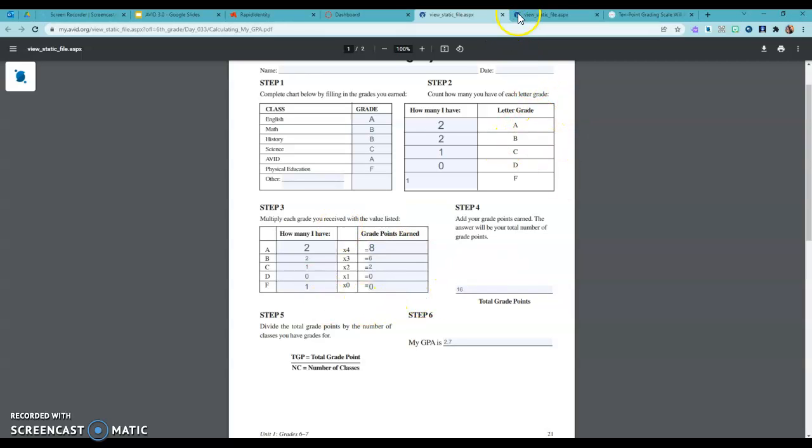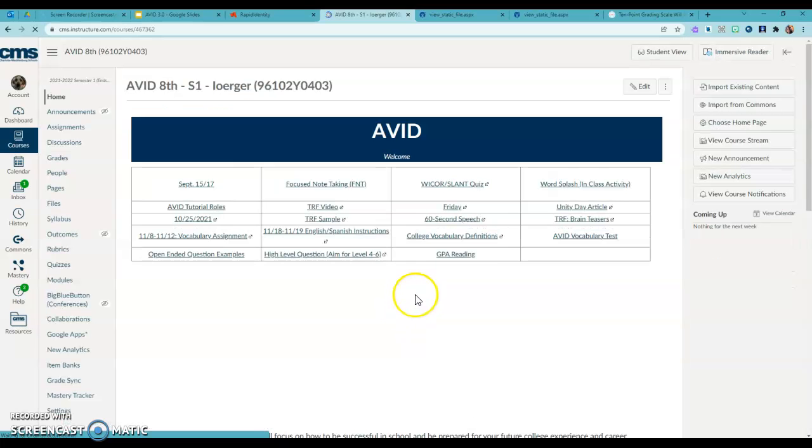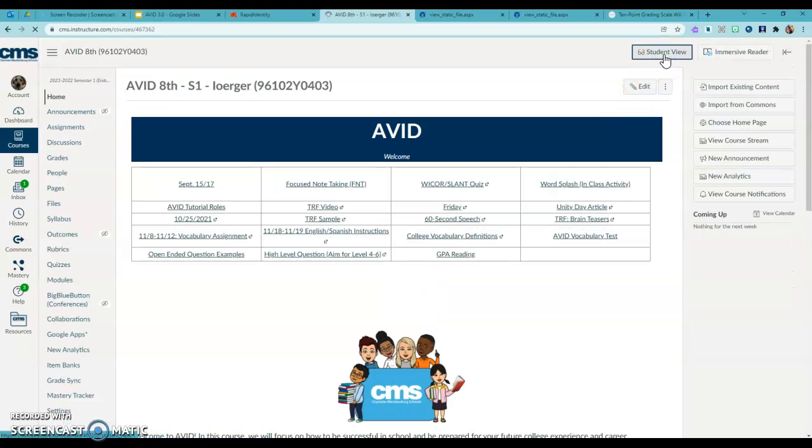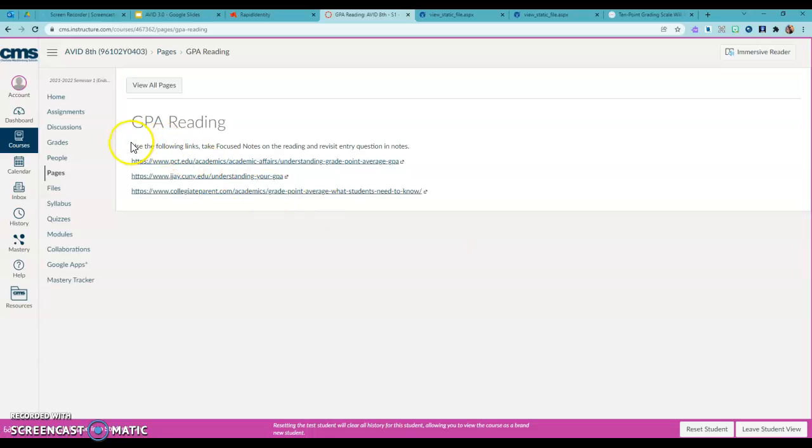Now, the next thing you're going to do is go to Canvas. I'm going to do 8th grade, in student view so you can see it. Click on GPA reading. It says use the following links, take focus notes on the reading, and revisit entry questions in your notes.